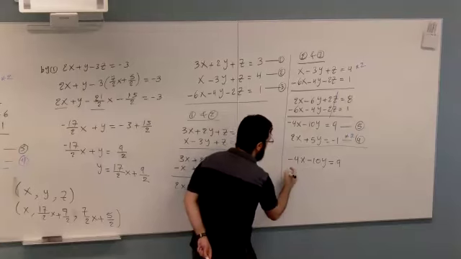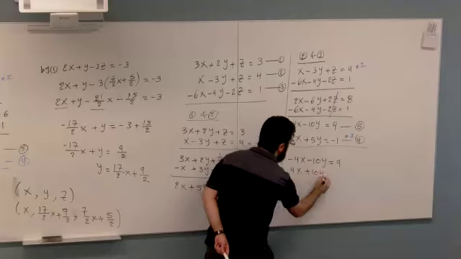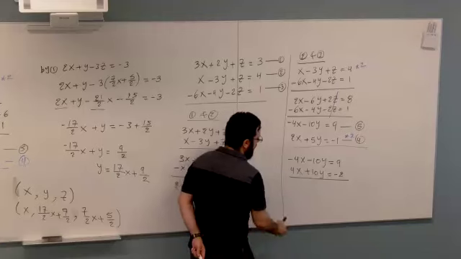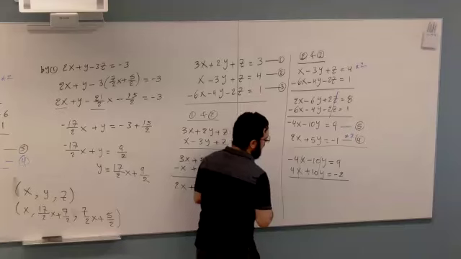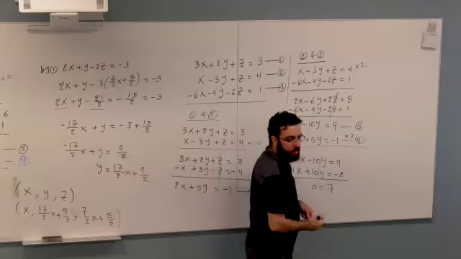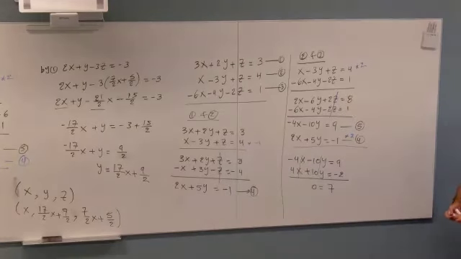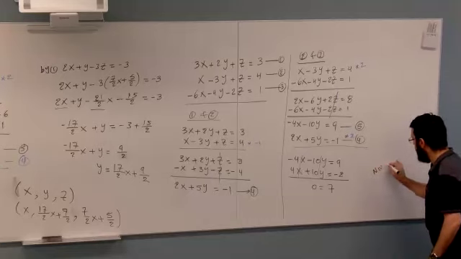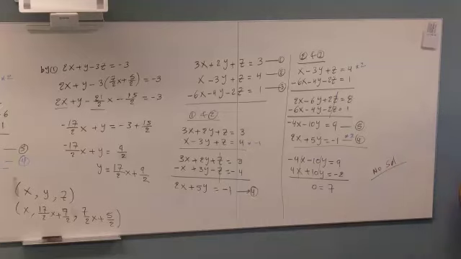The second one, multiplied by 2, is going to be 4x plus 10y equals -2. When I add these together, look at it: 0 equals 7. What does that mean? Inconsistent system, that means no solution. That's it. You don't have to move on and keep going.